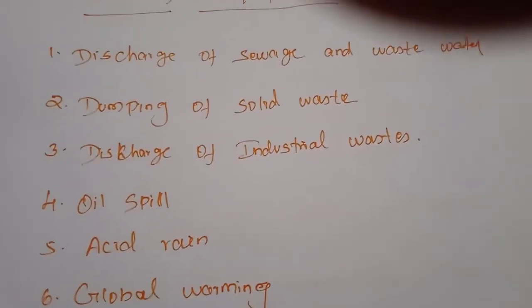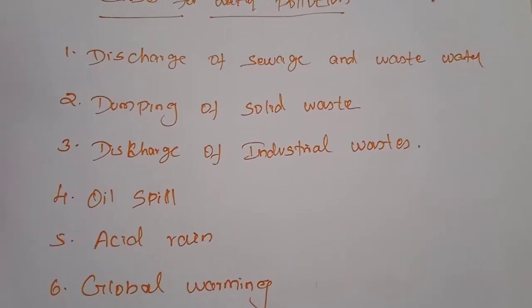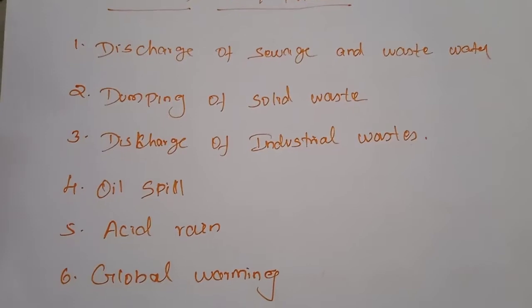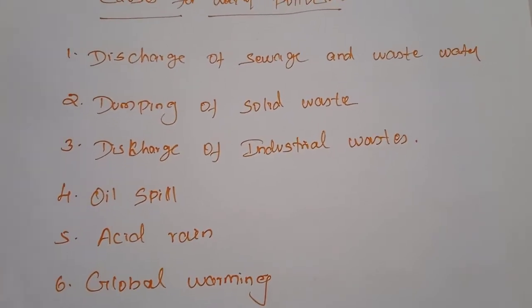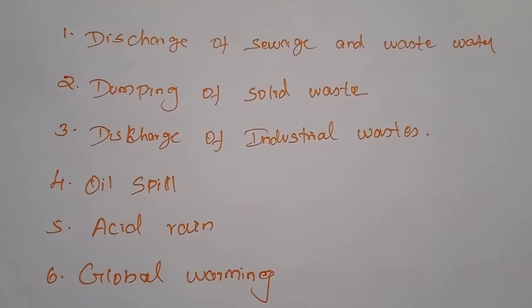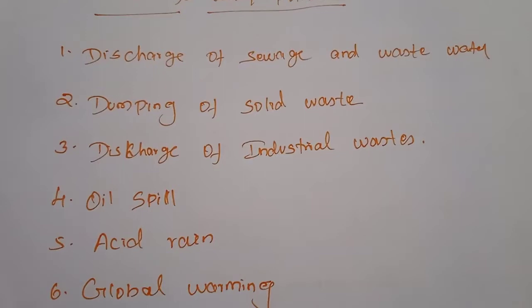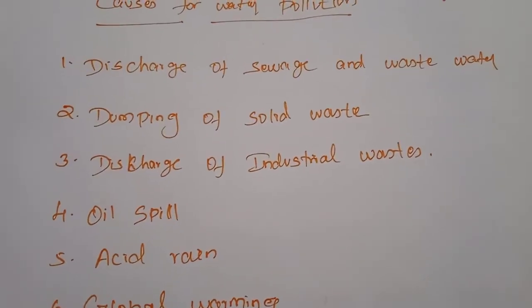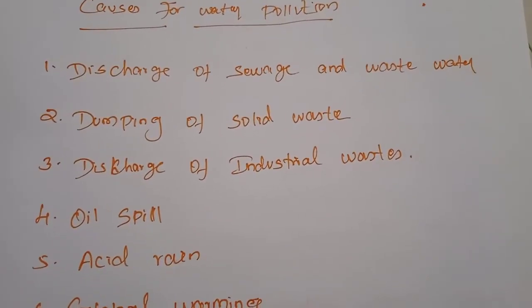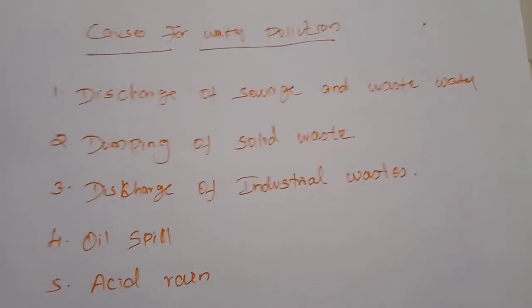Wherever the industries are located, you could see that many of the solid waste and industrial waste are dumped in the rivers and lakes. So this also harmfully affects human bodies and our environment.